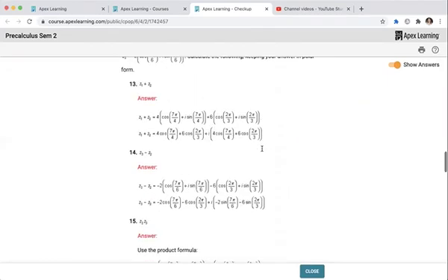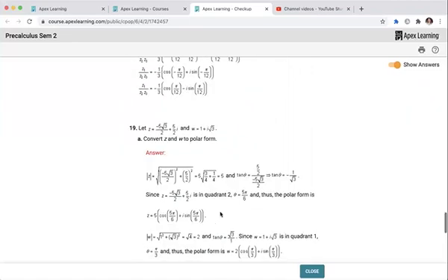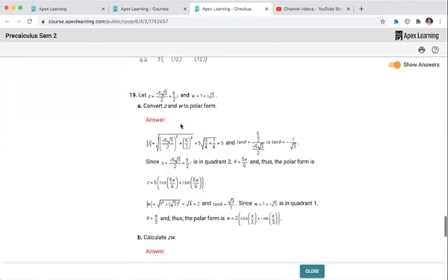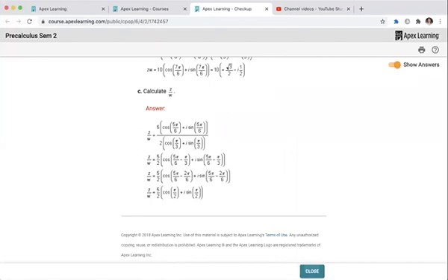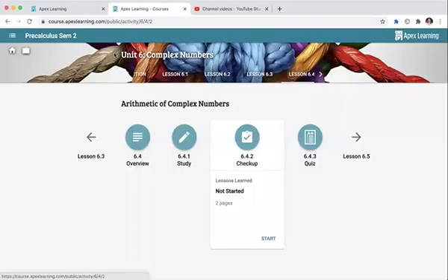And again, more practice problems. And then they are asking you to convert to polar form and then calculate different things now that you're in polar form. So again, I think it should be straightforward here.